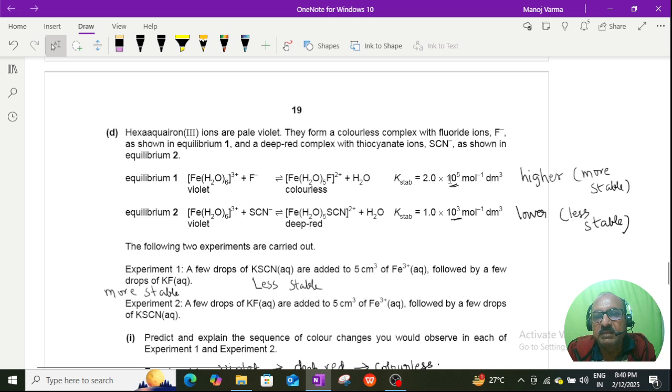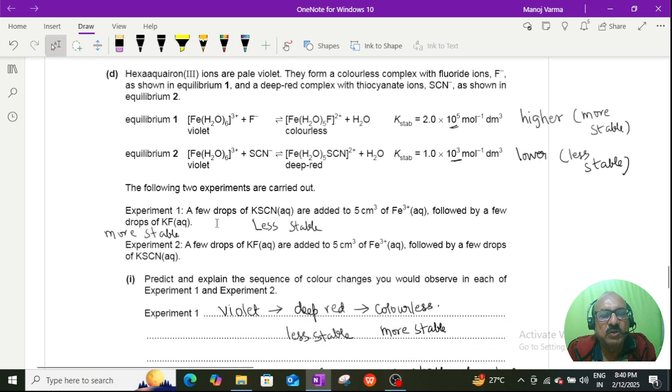So the first one has got a higher value, which means that this complex, the colorless complex, is more stable than the deep red complex. Alright, so now the following two experiments are carried out. A few drops of KSCN are added to 5 cm cube of Fe3+, followed by few drops of KF.